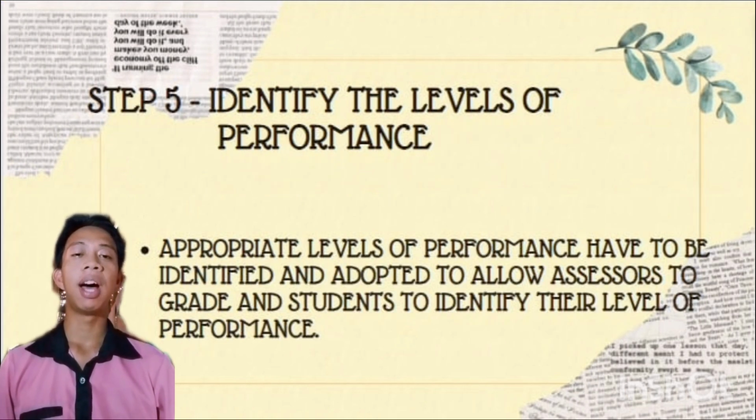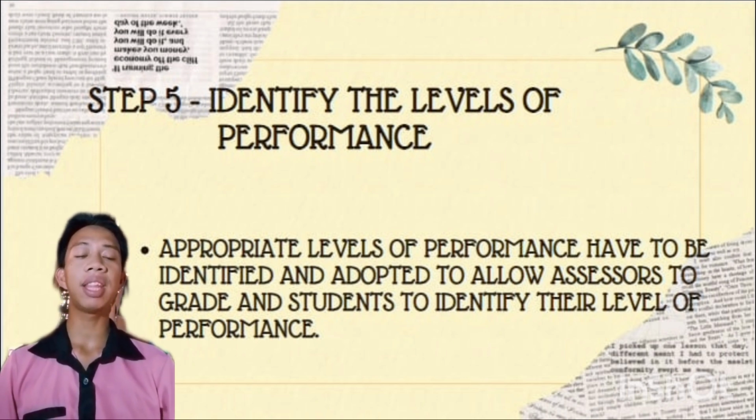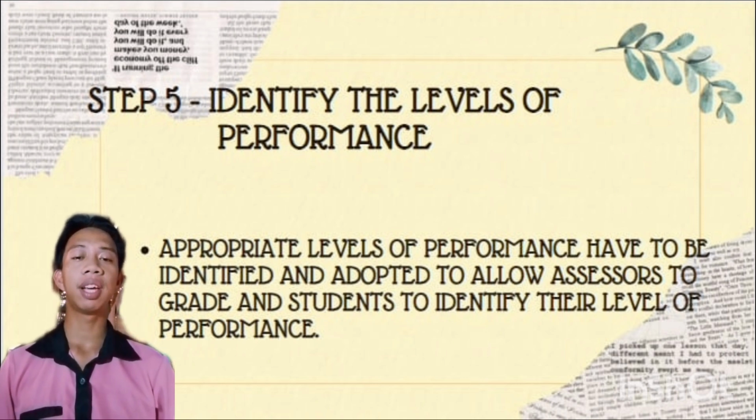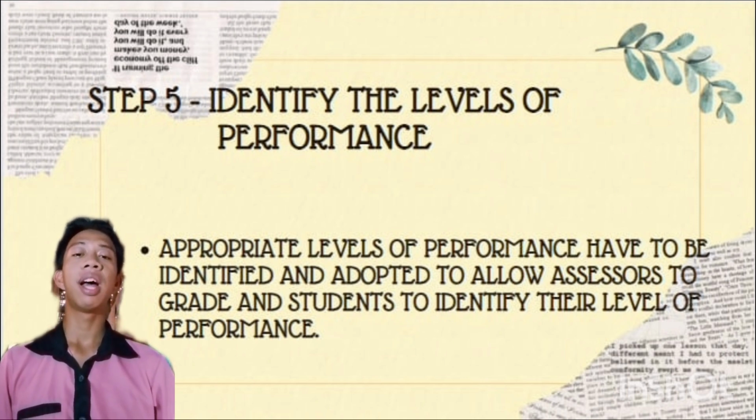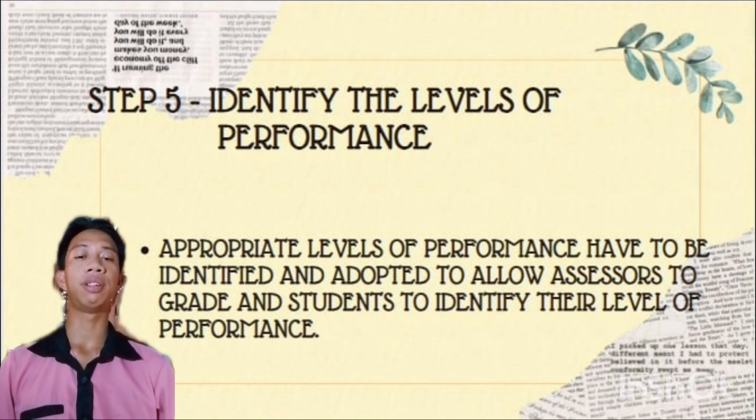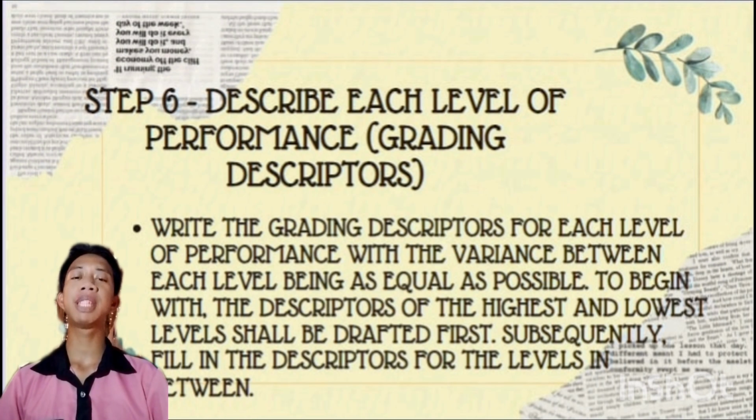Step 5. Identify the levels of performance. It is necessary to identify and implement appropriate performance standards so that students can determine their own performance level and assessors their grade. Step 6.